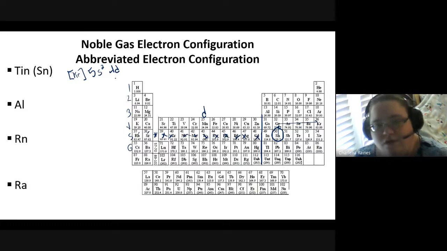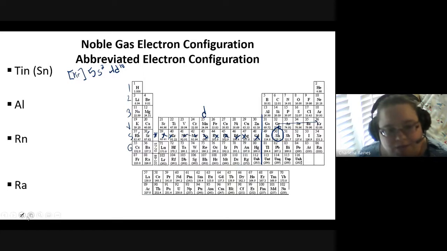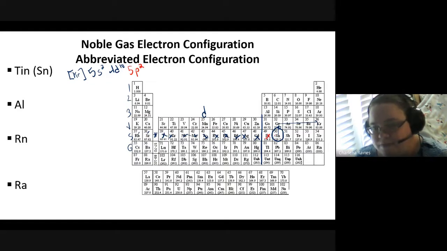D can only hold 10 electrons because there are only 5 orientations. For Sn, we're now at element number 49. Electron number 49, we are now in the P part of the table. So my numbering goes back to normal, 5P, and I tell it how many spaces over, 5P2.